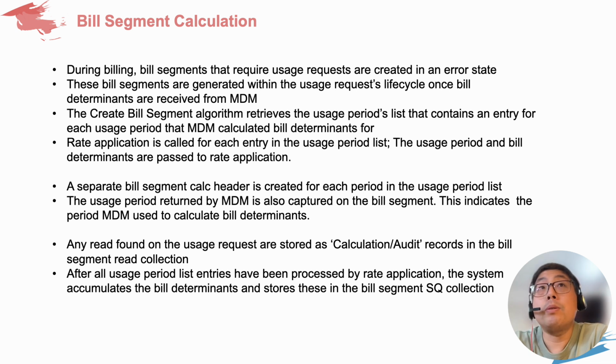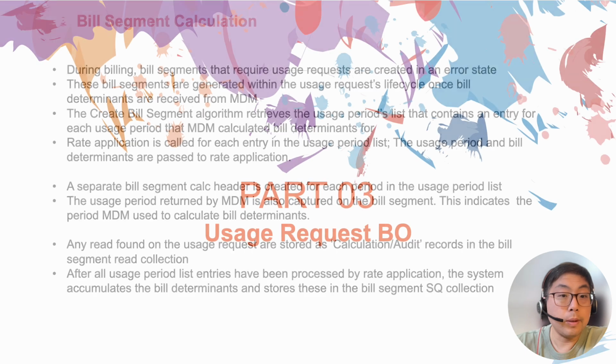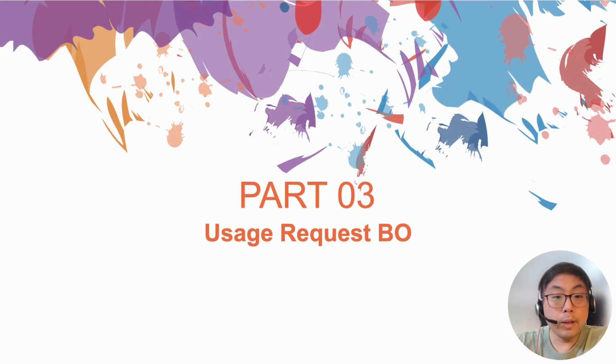So for both the get consumption and create bill segment algorithms, there is a base algorithm which you can use to perform the behavior as we described here. Okay, next is the usage request BO.